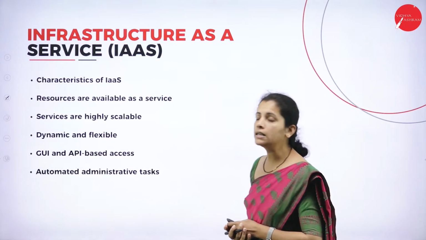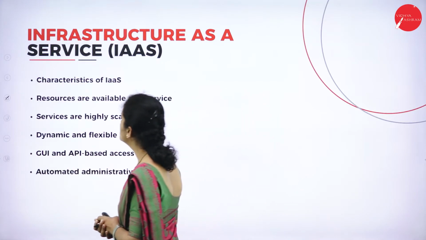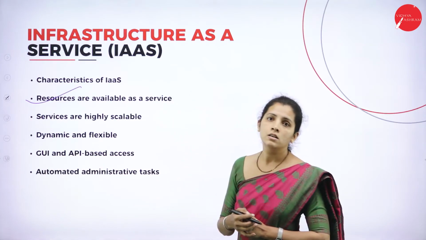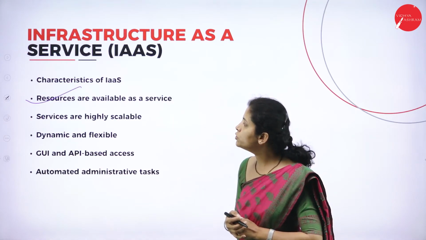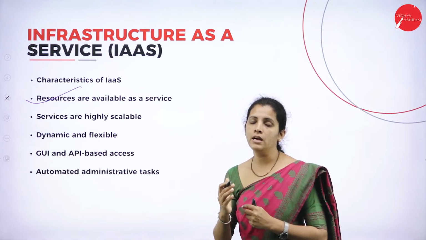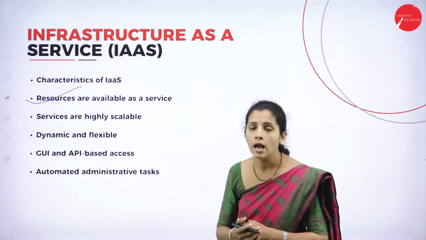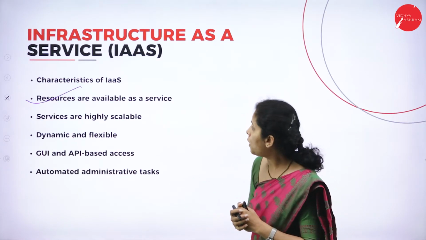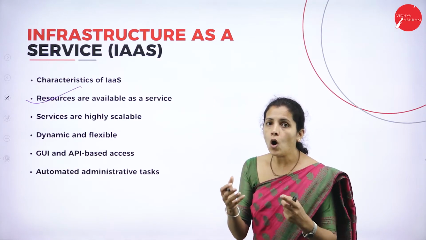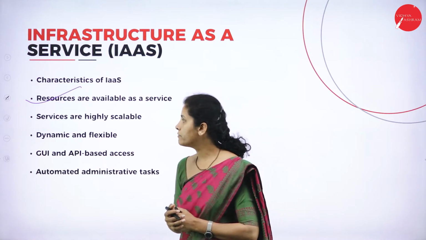Then the characteristics of infrastructure as a service: resources are available as a service. That means it's going to provide all the resources as a service. I can have a CPU as my resource as a service, or even a hard disk or input and output devices as a service.